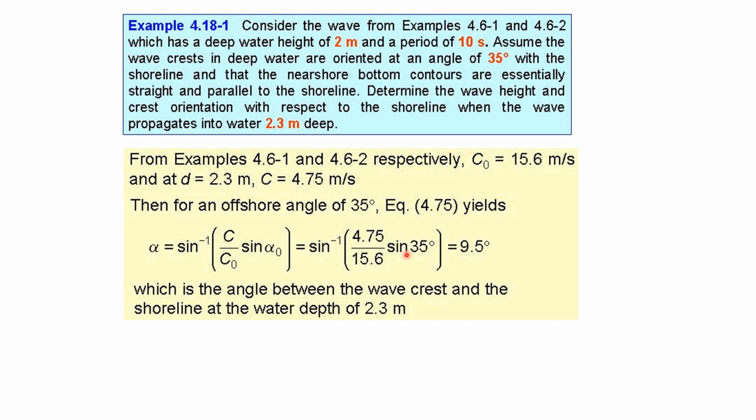So that means the wave front would be almost parallel to the shoreline, whereas the wave orthogonal will be normal to the shoreline. Of course, we have used C over C naught here in the equation. Actually, we can equally use L over L naught. It will be the same based on the derivation that we have shown earlier.